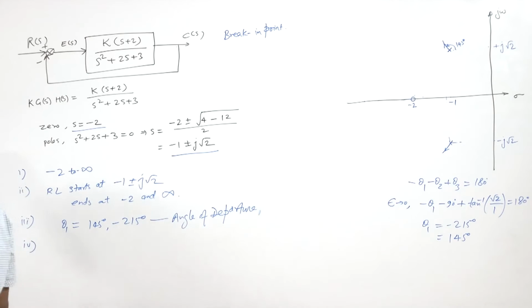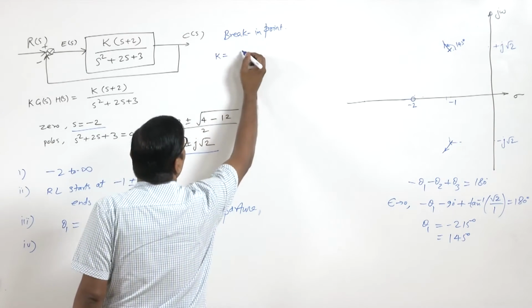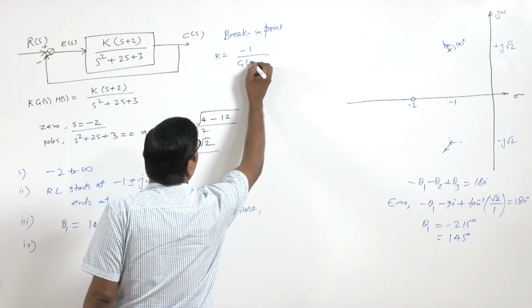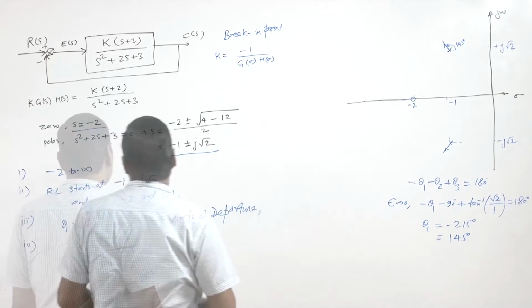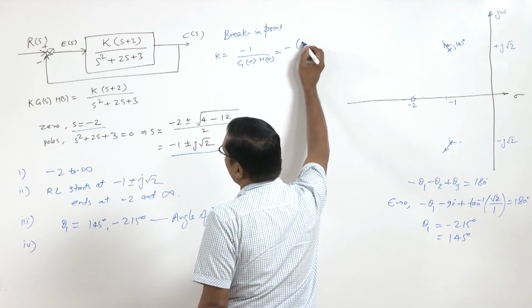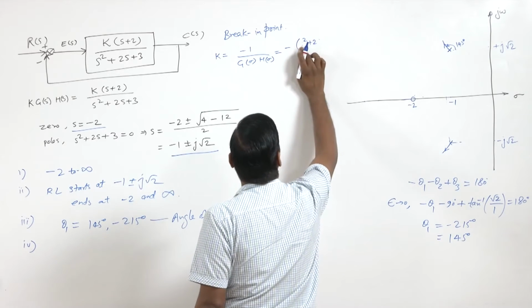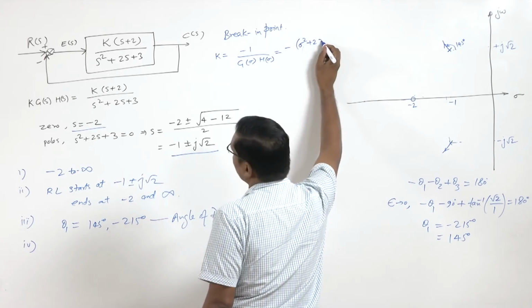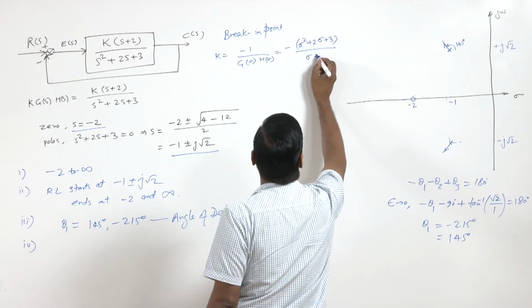We can find the break-in point when we write K equal to minus 1 upon G sigma H sigma, and that is equal to minus (sigma square plus 2 sigma plus 3) upon (sigma plus 2).